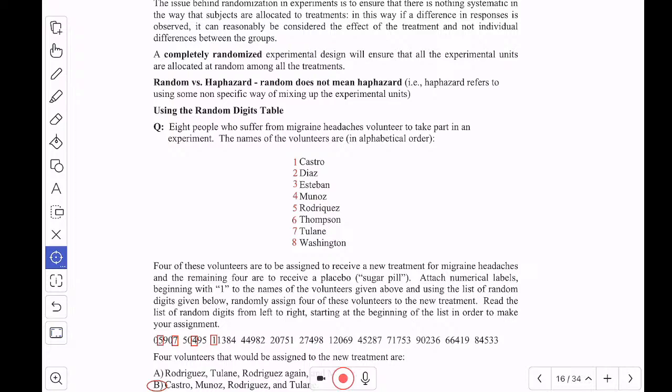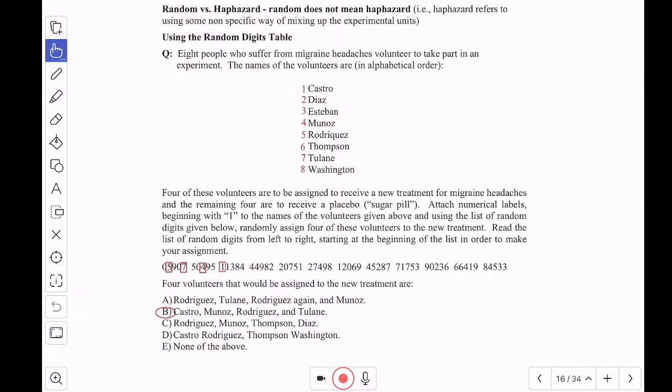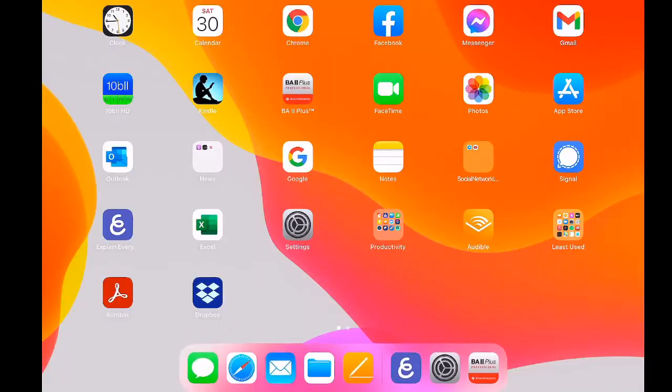So using the random digits table I give you below, how do we do that? Try that again.